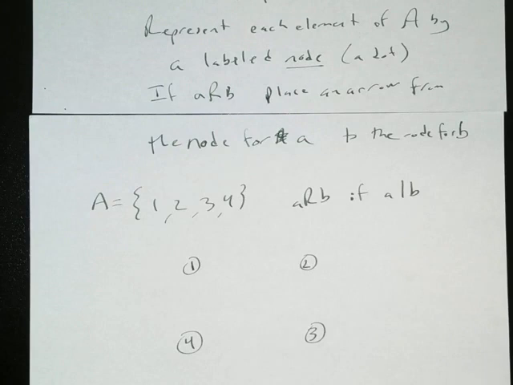That's up to you. But now, tell me what numbers are related by this relationship. 1. Go back to Monday's notes. Does 1 divide 1? Does 1 divide 2? Answer the questions.